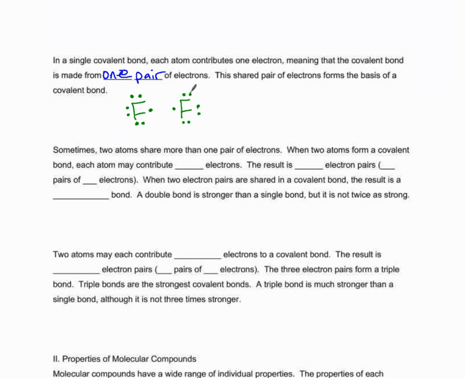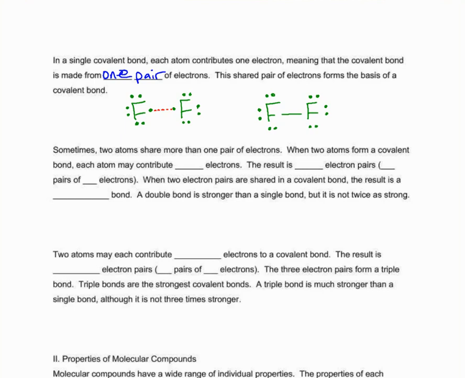And so what's going to happen is these 2 fluorines are very unstable and they are going to begin sharing these 2 electrons. And so we end up with 2 fluorines with a covalent bond. And then each fluorine has 6 electrons to itself that they are not sharing.